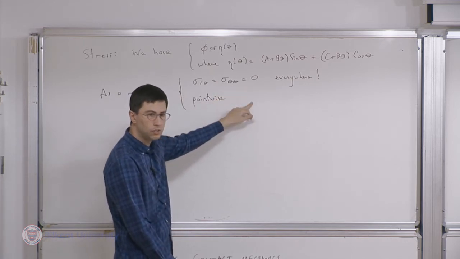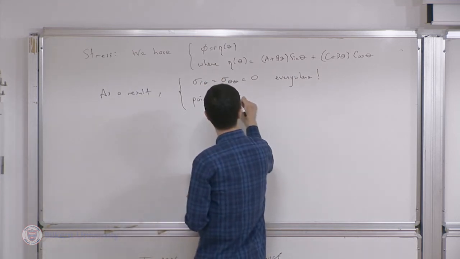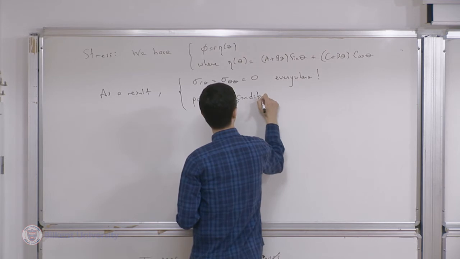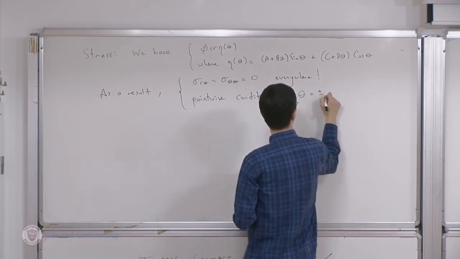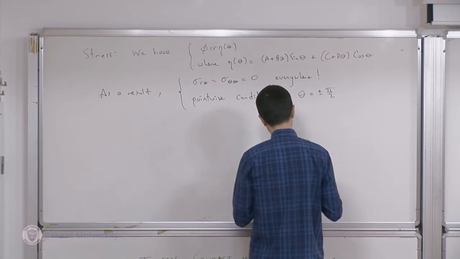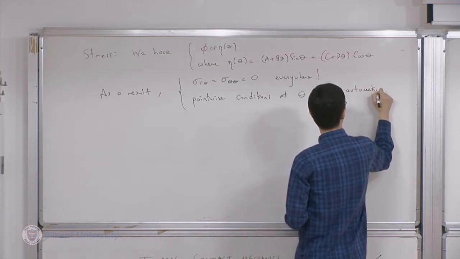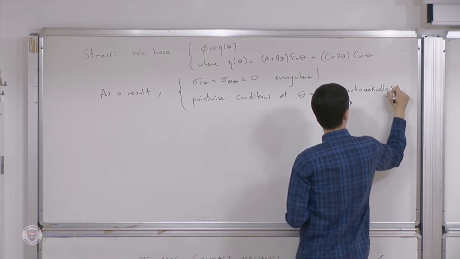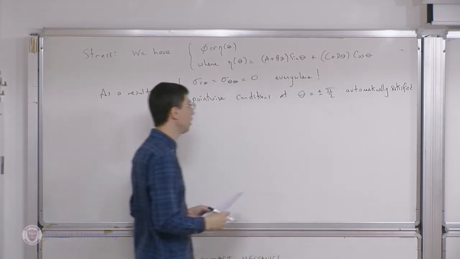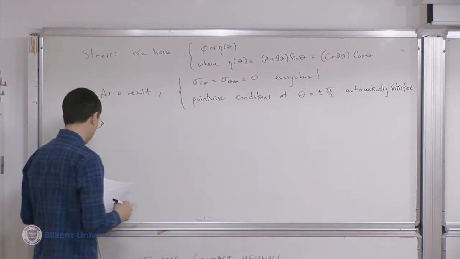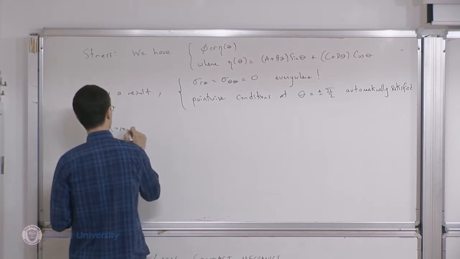Well, they are identically satisfied because they're 0 not only there, but actually everywhere. So I don't have to worry about the pointwise boundary conditions. So now let's have a look at sigma rr.